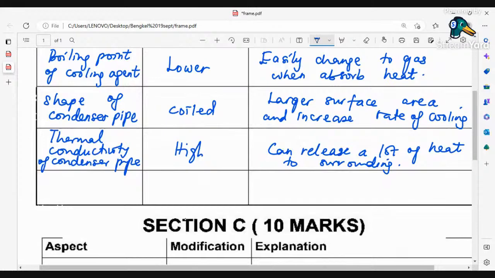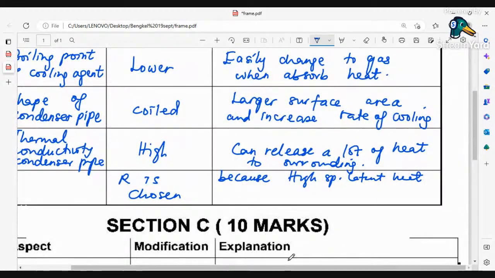The coolant is chosen because of high specific latent heat of vaporization.